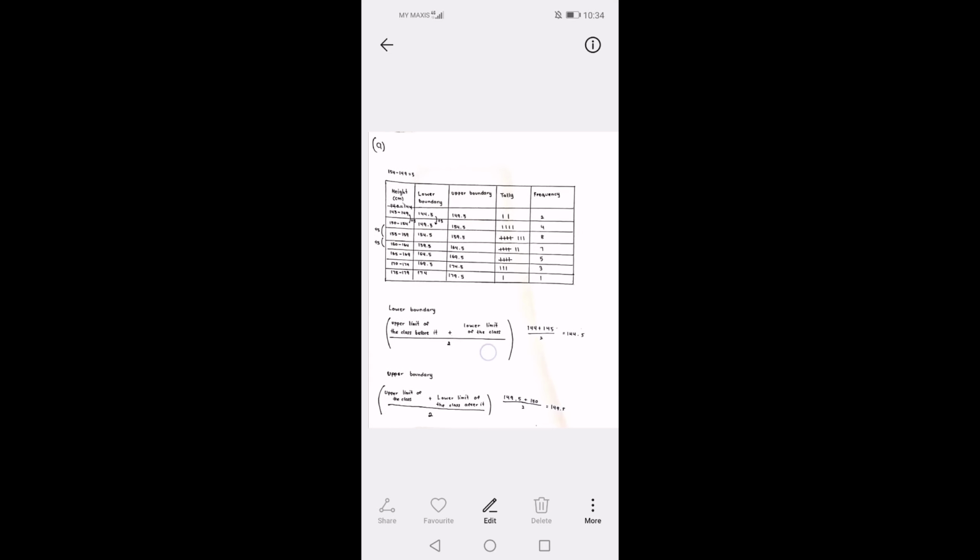So next, untuk cari lower boundary, kita guna formula yang sudah pernah bagi. Ini formula dia. Untuk cari lower boundary ini, kita perlu dapat kelas interval yang sebelum selang kelas pertama. Jadi selang kelas pertama adalah 145 hingga 149.